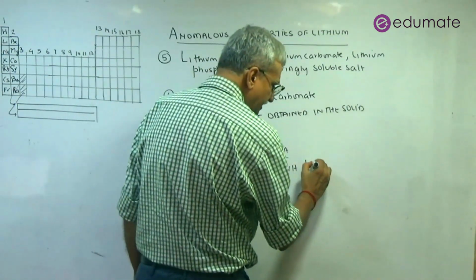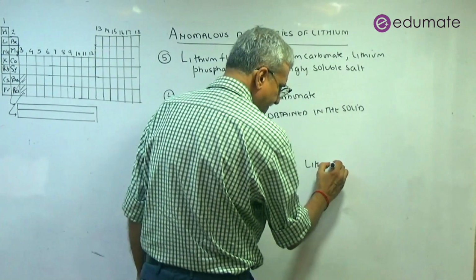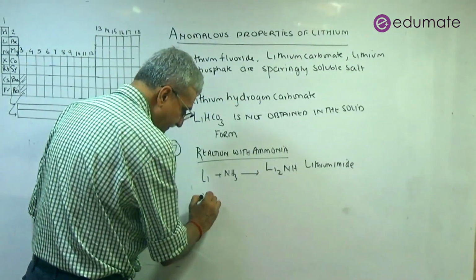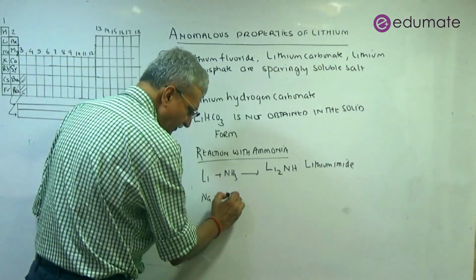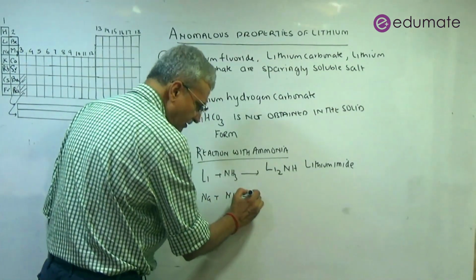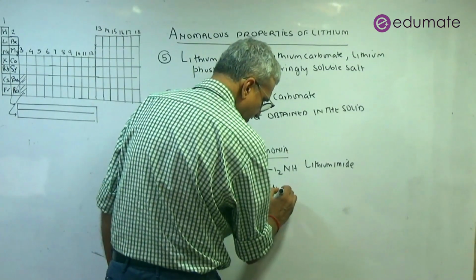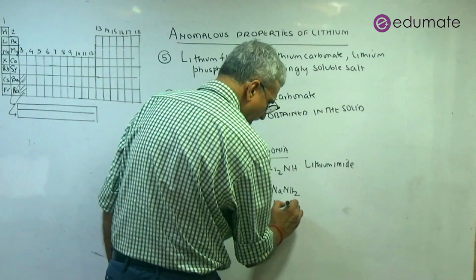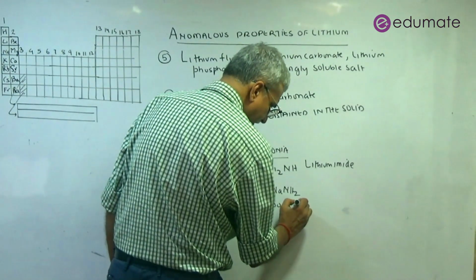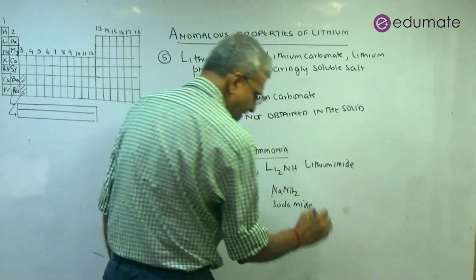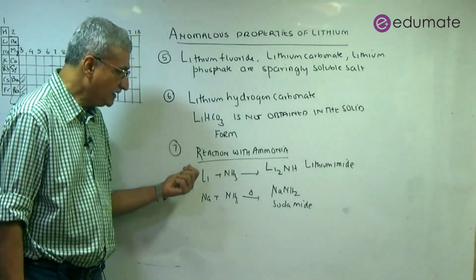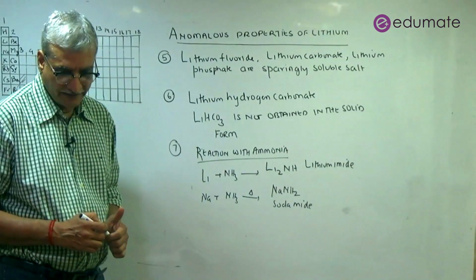This is called lithium imide. Whereas let us say sodium. Vapors of ammonia are passed over red hot sodium. What happens? You get NaNH2. This is called soda amide. So while others form the corresponding amide, lithium will form the imide.